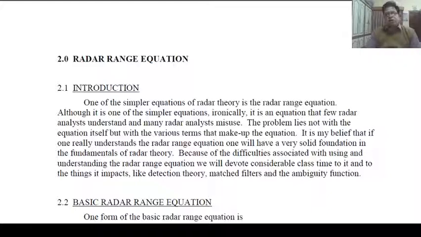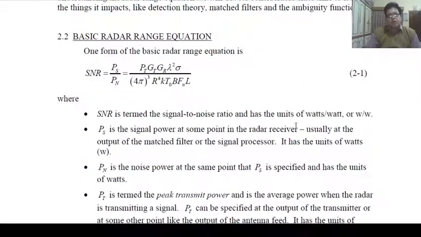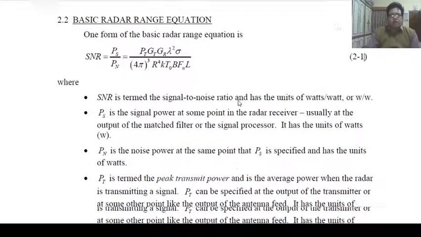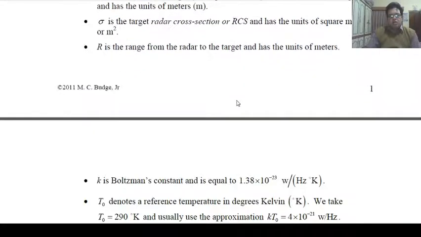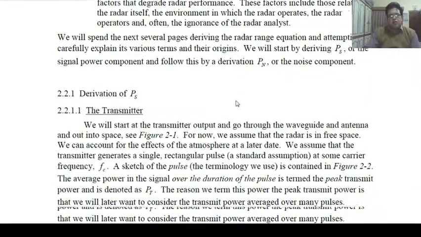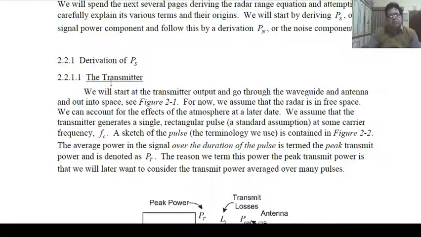In the last video, we discussed the radar range equation and understood the basic radar equation. Equation 2.1 is the form, and as I told you, in this article every step is explained quite well and in depth. So we understand how the derivation of S_R is done.